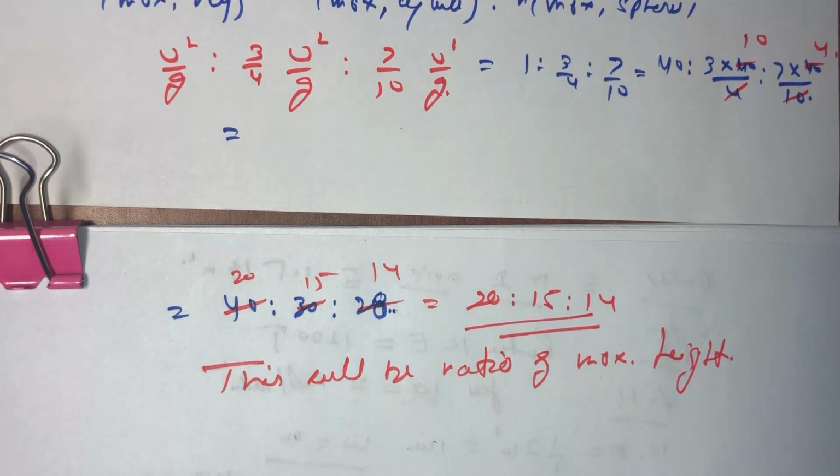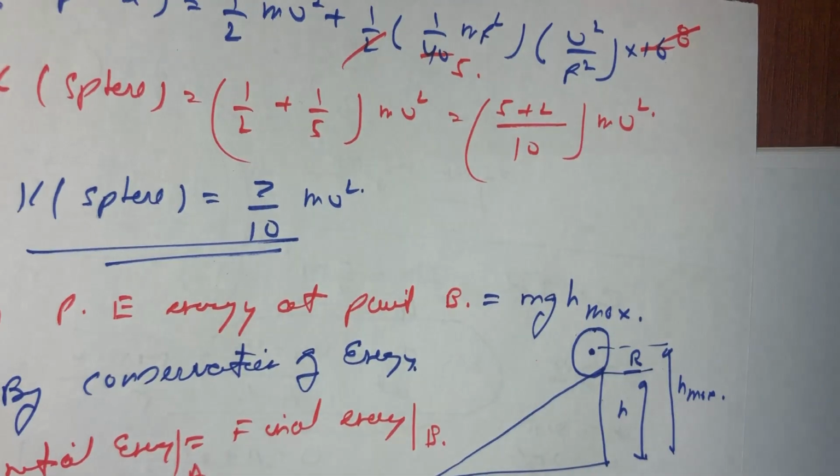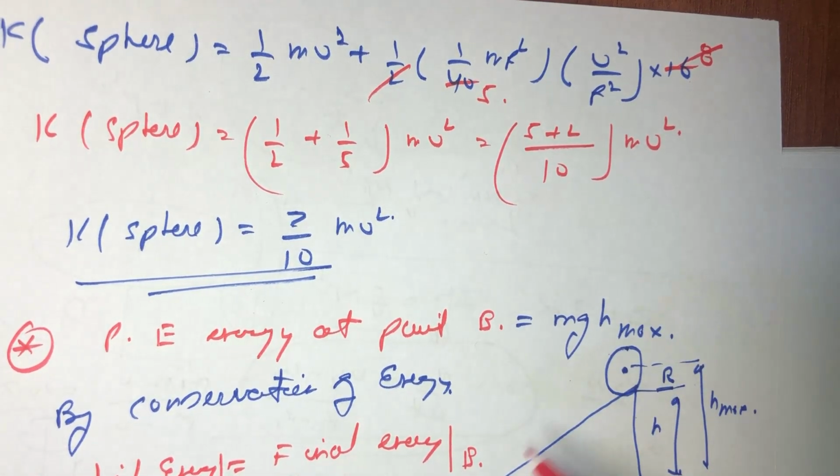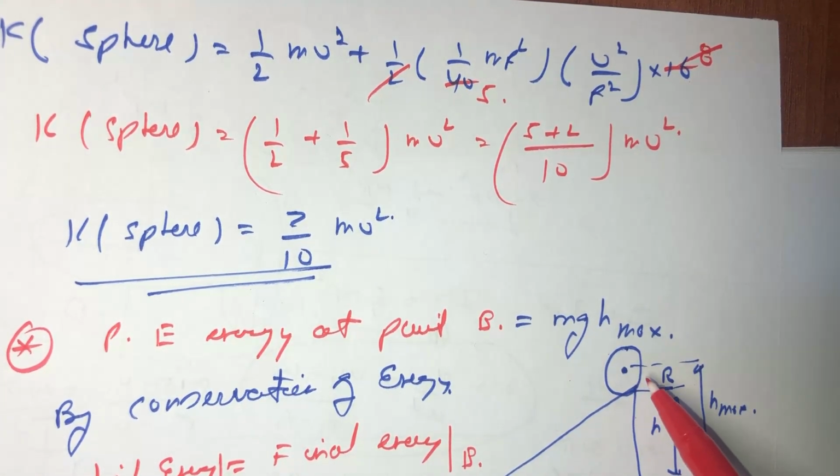In this case, please remember that I calculated the height with respect to the center of the object. And if we want to find out actual h, then we can use the theorem of parallel axis for each object and find out the moment of inertia about the point of contact.